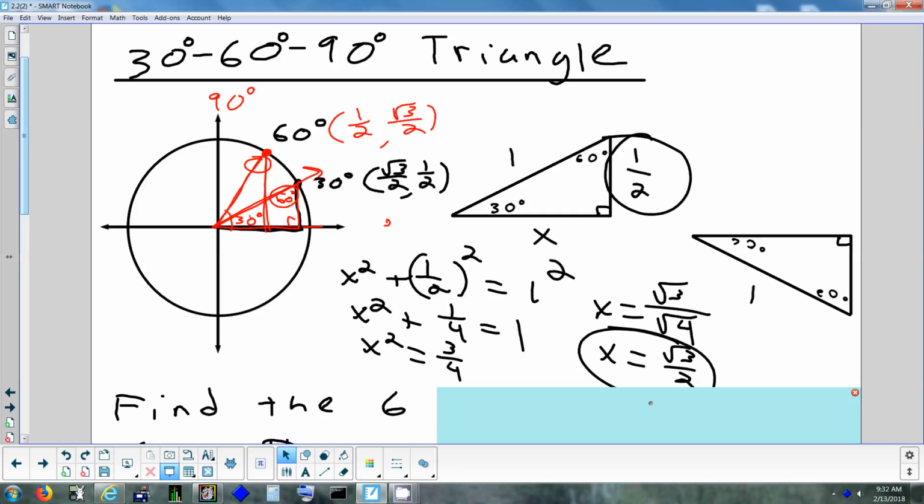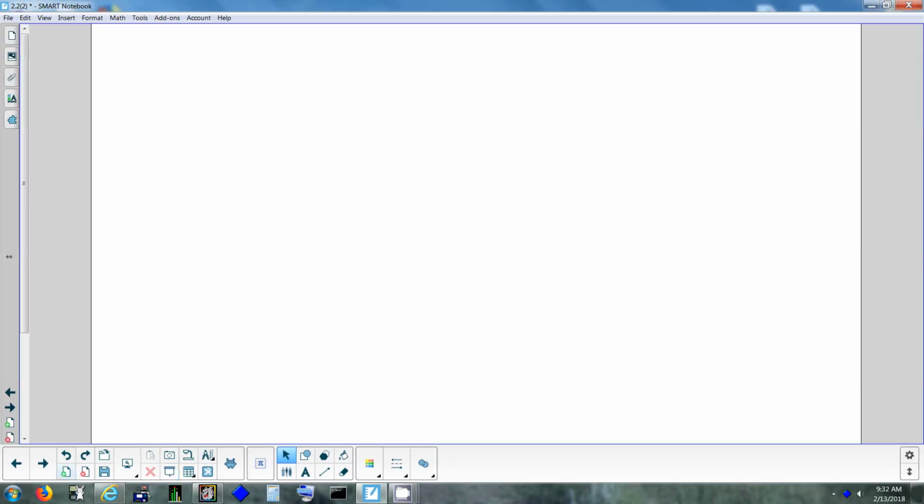So the question, how do you remember which one is which? How do you remember if the 1/2 comes first in the 60 or the 1/2 comes first in the 30? Well, if you draw a 30, 60, 90, somewhat reasonable, so it's clear that one side is longer than the other. What's 1/2 as a decimal? 0.5.